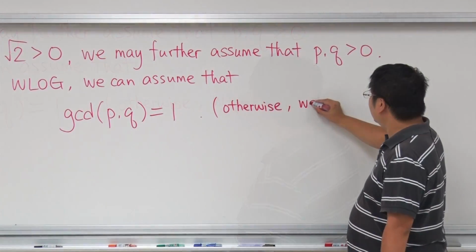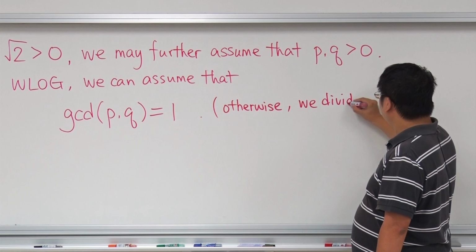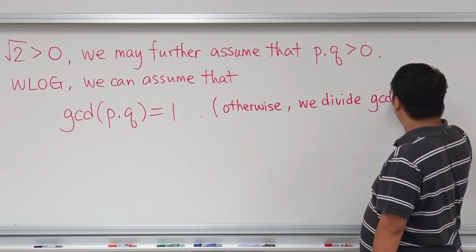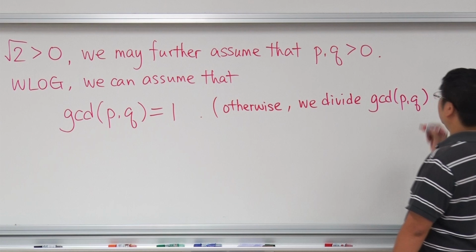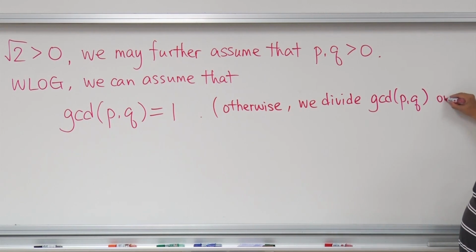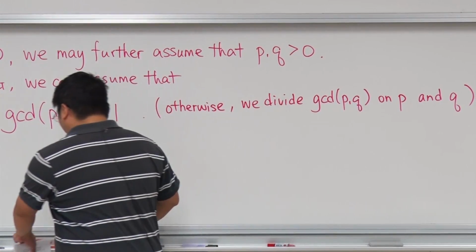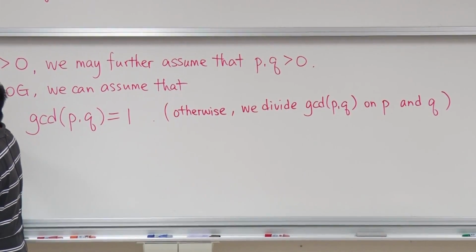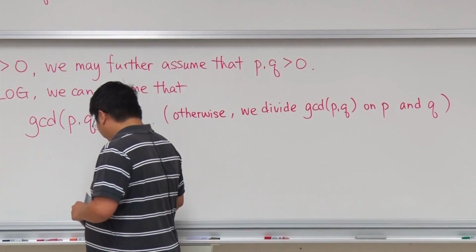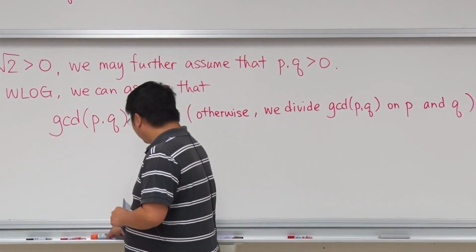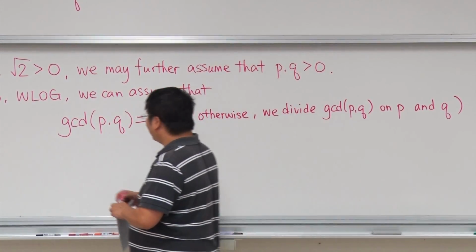Otherwise, we divide p and q by the GCD of p and q and get the new p and the new q, something like this. Okay, good. So what do we have? Now, this is going to be a key thing that we will rely on. So let me make a mark here.